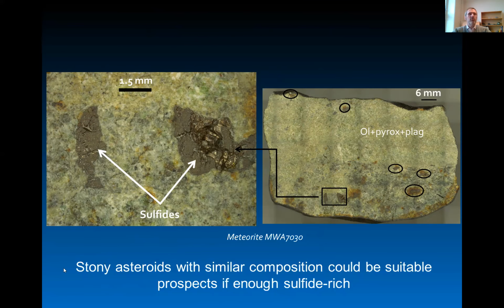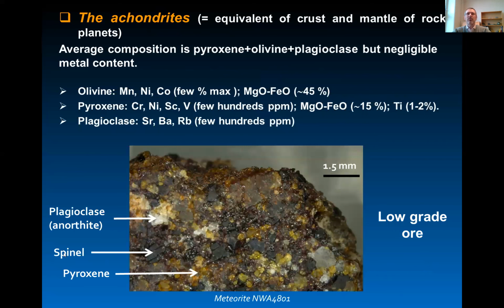Next, we can go to the other type of stony meteorites, the achondrites. They don't contain chondrules. They are more or less the equivalent of the crust and mantle of rocky planets. So an average composition of pyroxene, olivine, and plagioclase, with a negligible amount of metal.